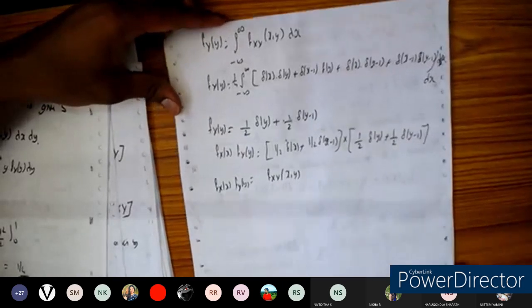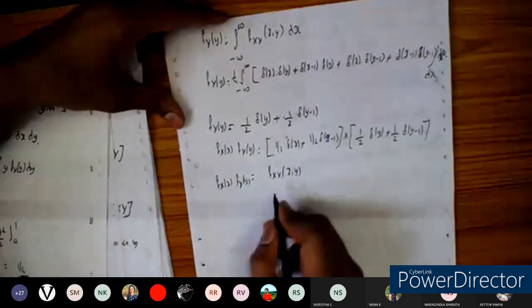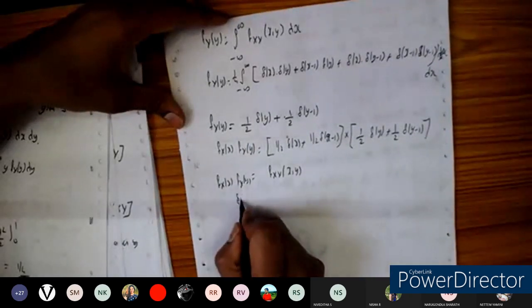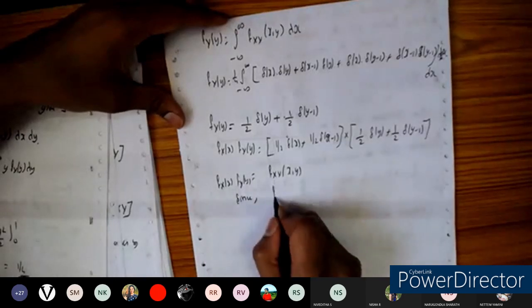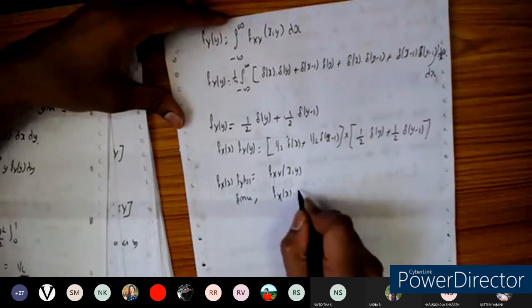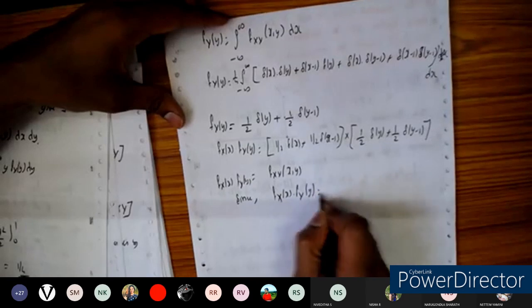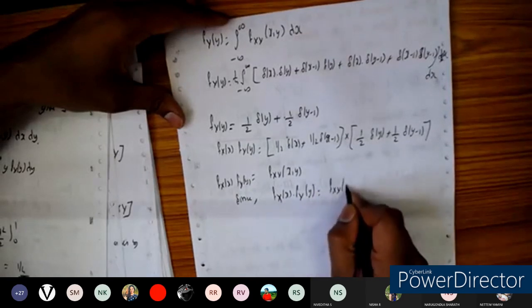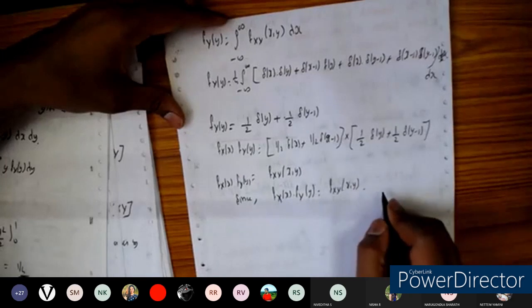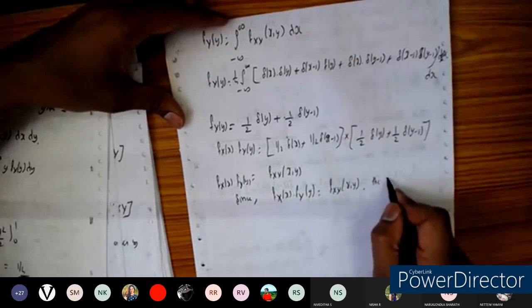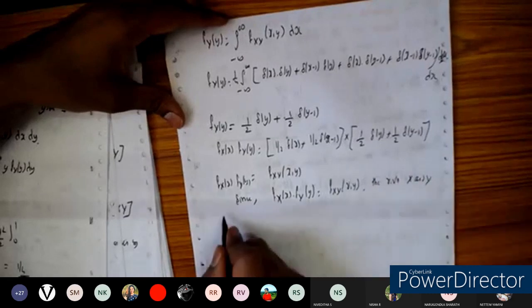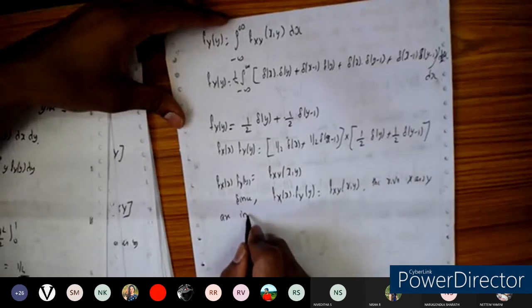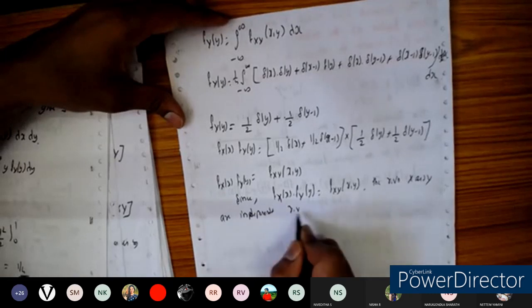That's what we said in the last class. So since this condition is satisfied, that is fx of x into fy of y is equal to fxy of x comma y, the random variables x and y are independent random variables.